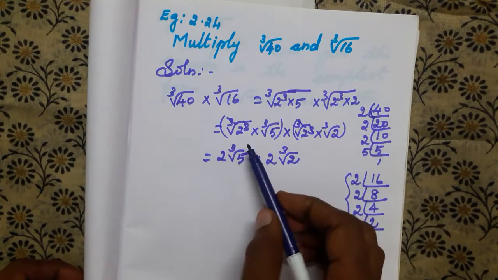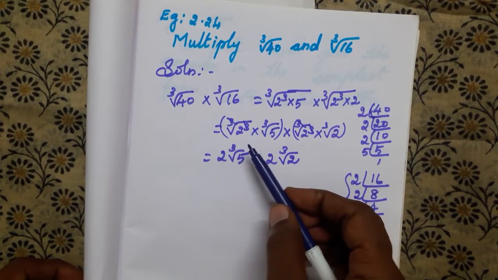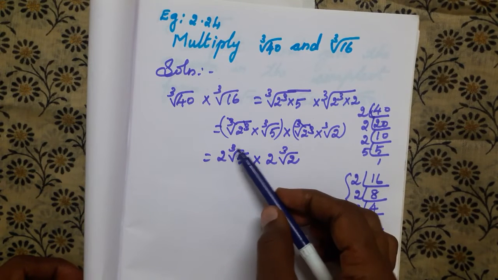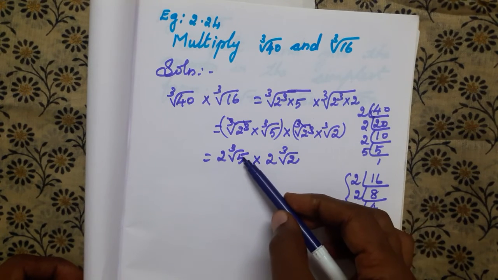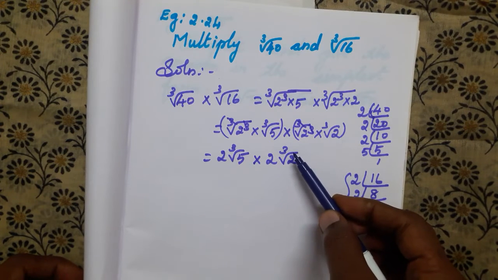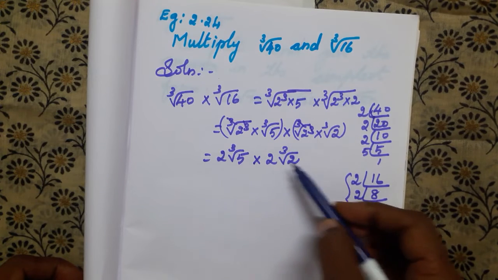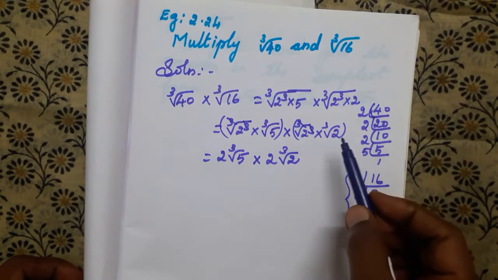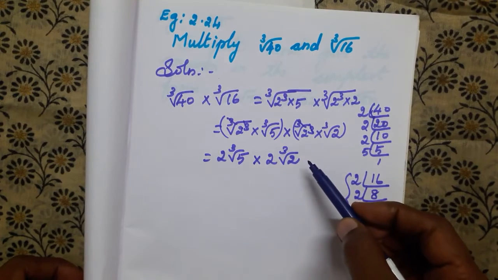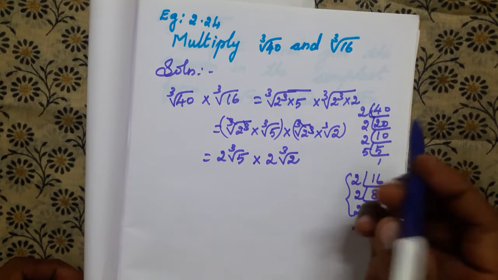Already I have explained, for multiplying or dividing, the order should be equal. The radicand may or may not be equal. Whether it is equal or not equal, we can multiply.